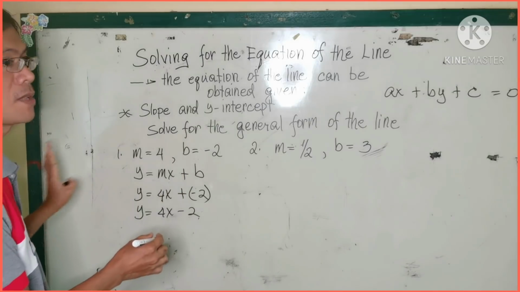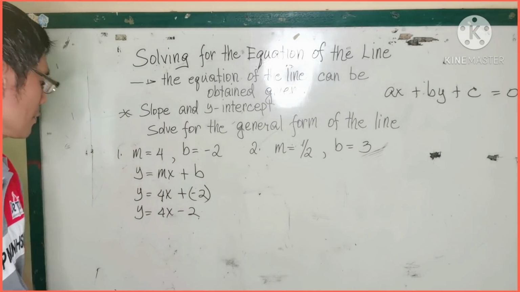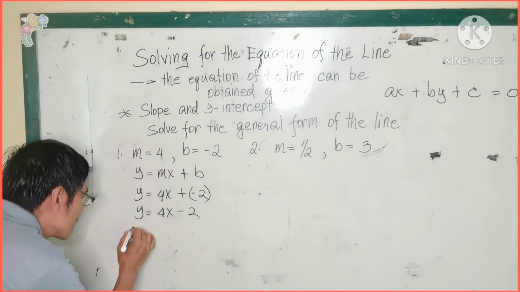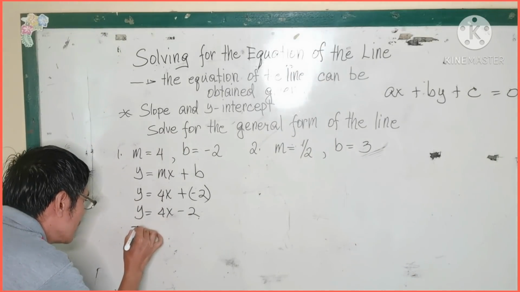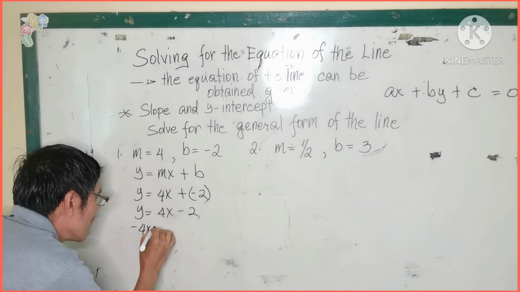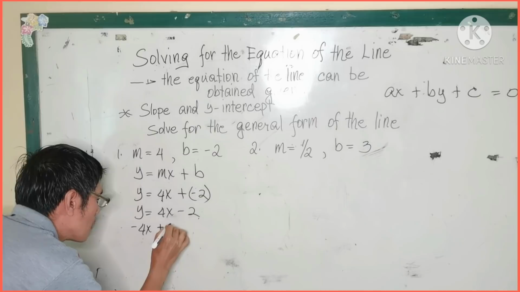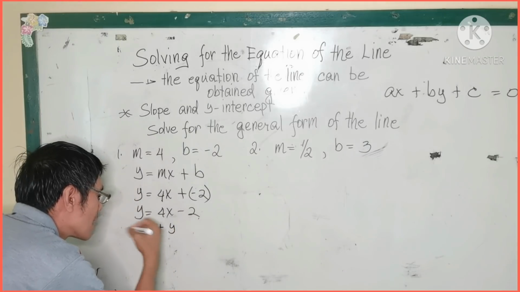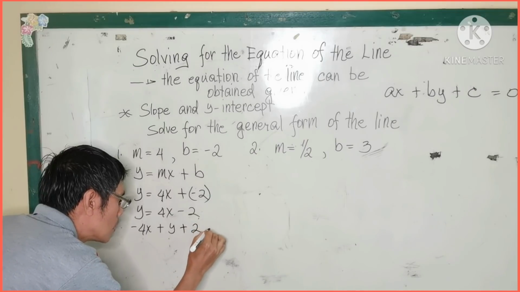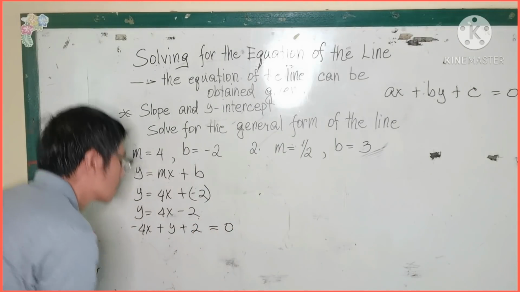So we will simply transpose all the terms to the left side. So we have negative 4x, then plus y, then transposing, that becomes positive 2 equals 0.